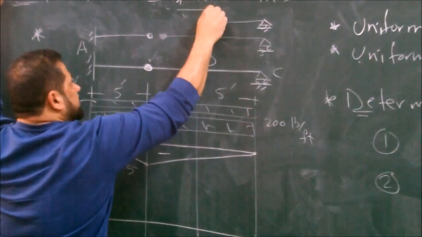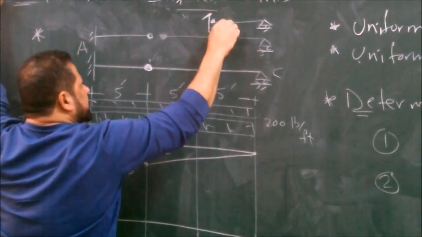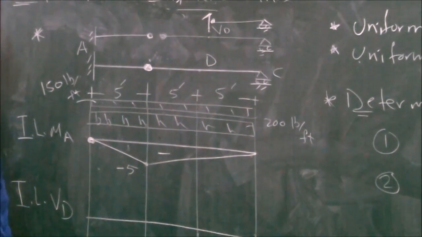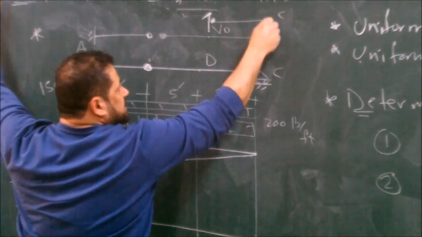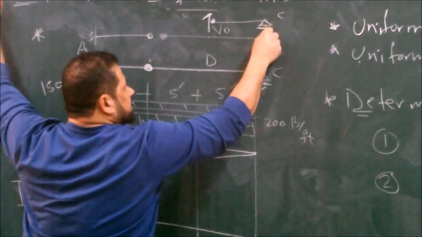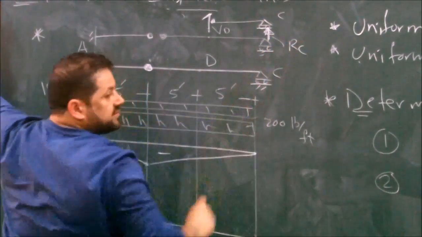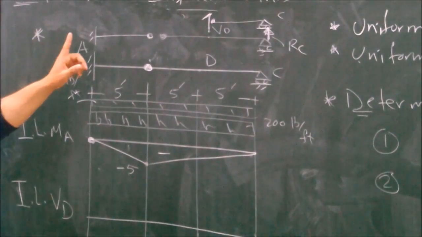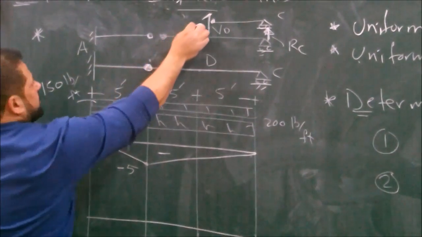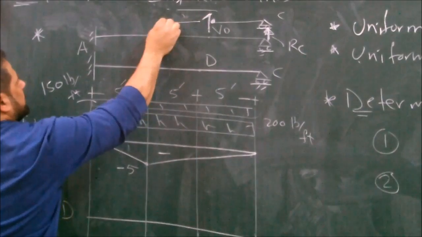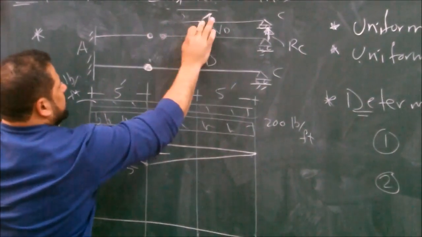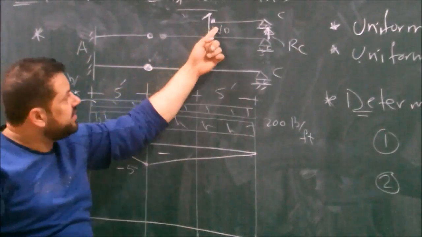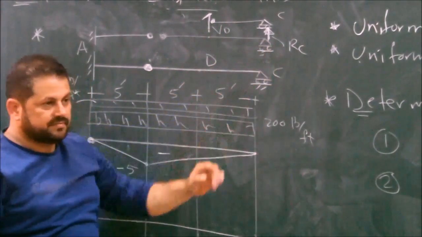This is VD, and I need this one. What's this? This is the reaction at C. We don't need this one, so VD equals minus RC.